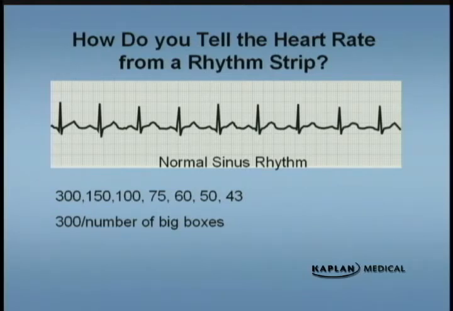So I basically remember if the QRSs are between 3 and 5 big boxes apart, your heart rate's between 60 and 100, it's normal. If you want to get more scientific, you can take 300 divided by the number of big boxes the QRSs are apart, and you'll get the same answer. Okay? So that's how you do the heart rate.